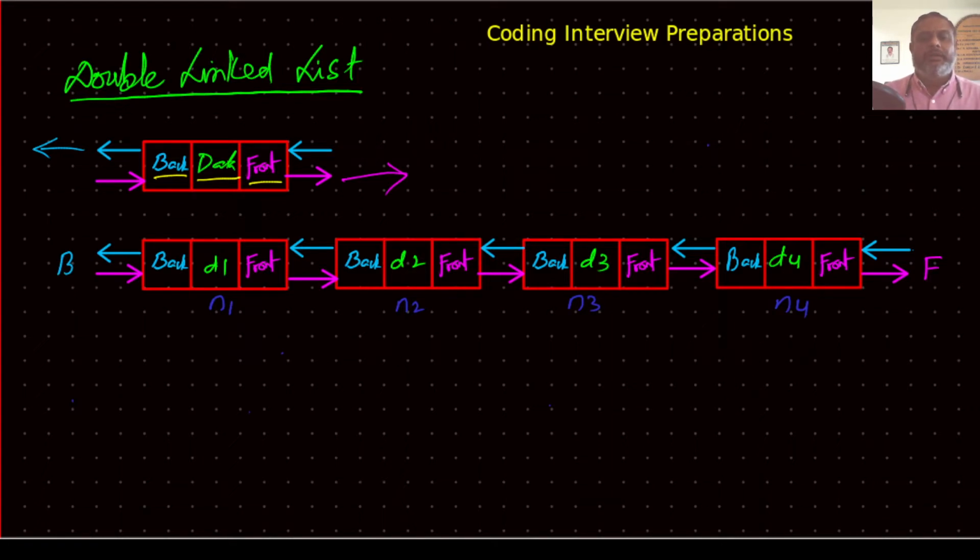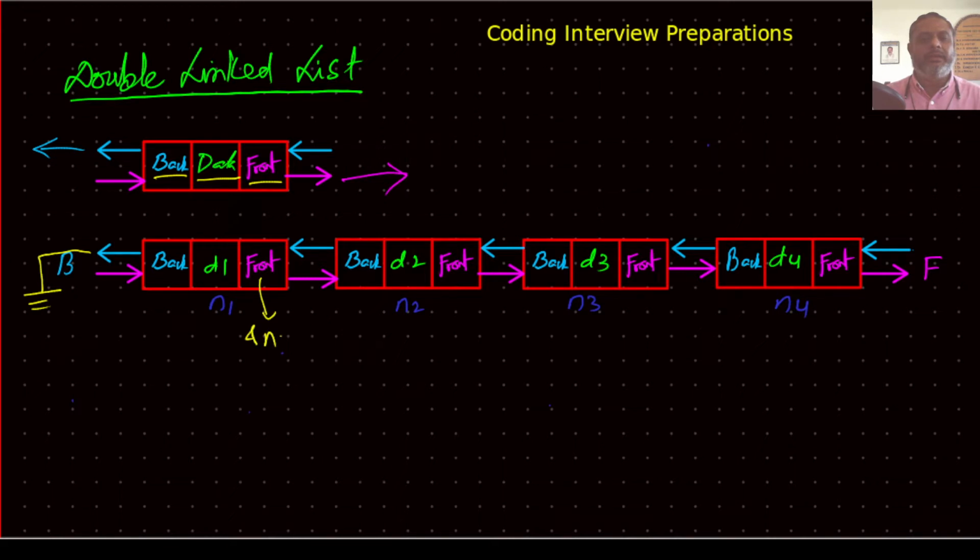What does that mean? We can look at this example to understand. There are four nodes here, N1, N2, N3, N4, containing data D1, D2, D3, D4. There is nothing before the first node, so what is written here is null.